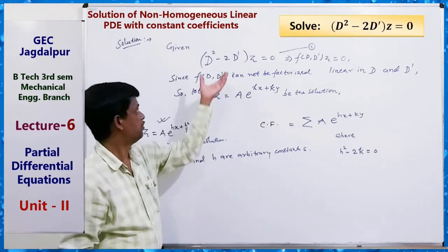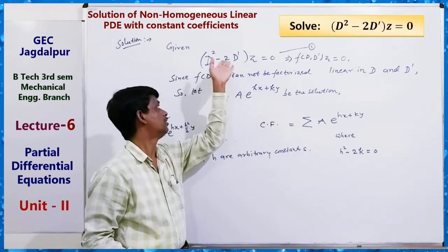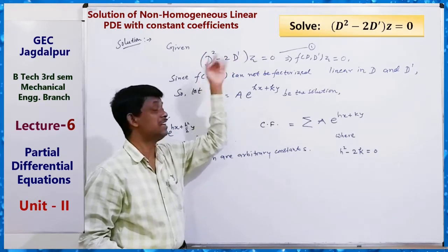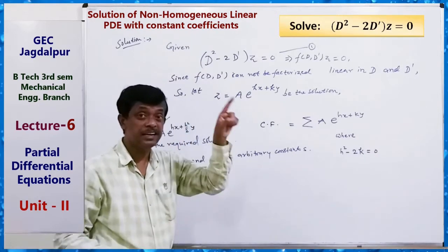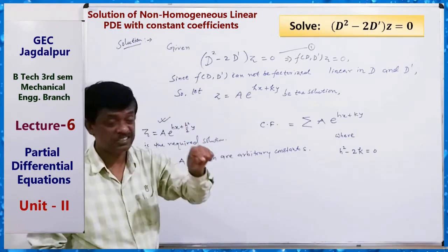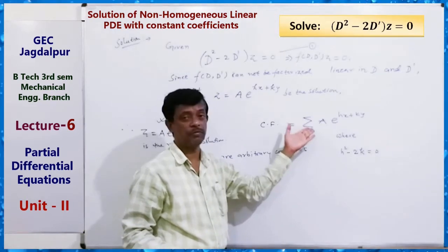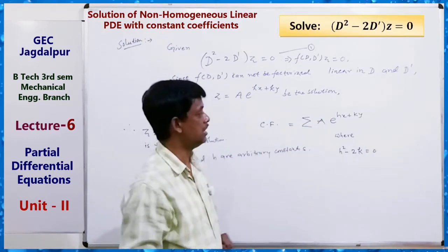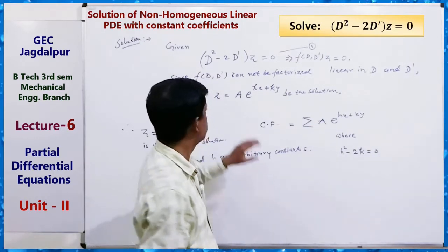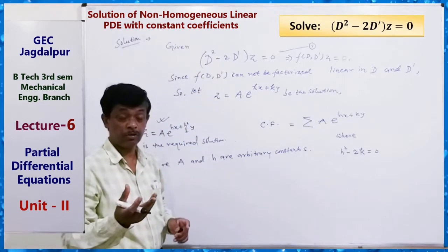How? Whenever the expression including D and D dash cannot be factorized as linear in D and D dash, then you can write CF as sum of constant e to the power hx plus ky, where h and k are related by the relation. What will be the relation?